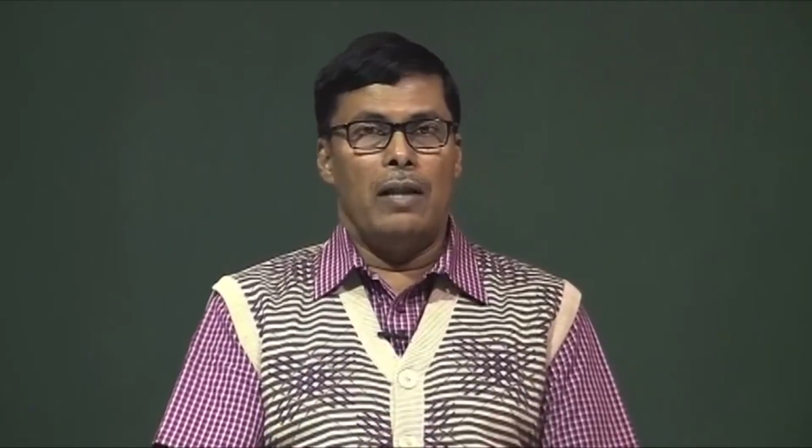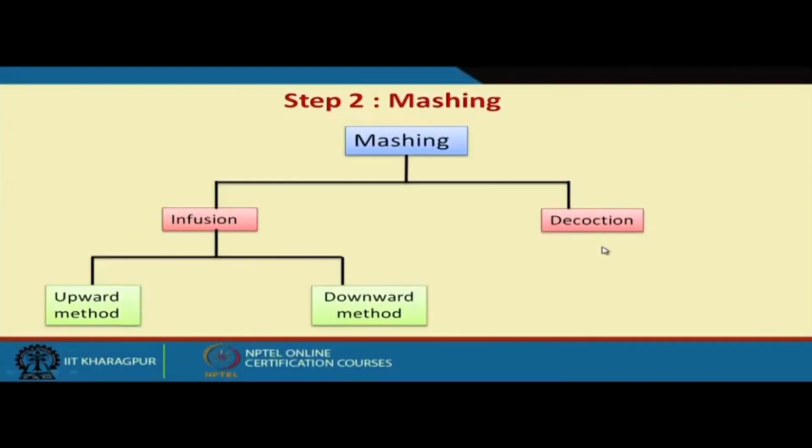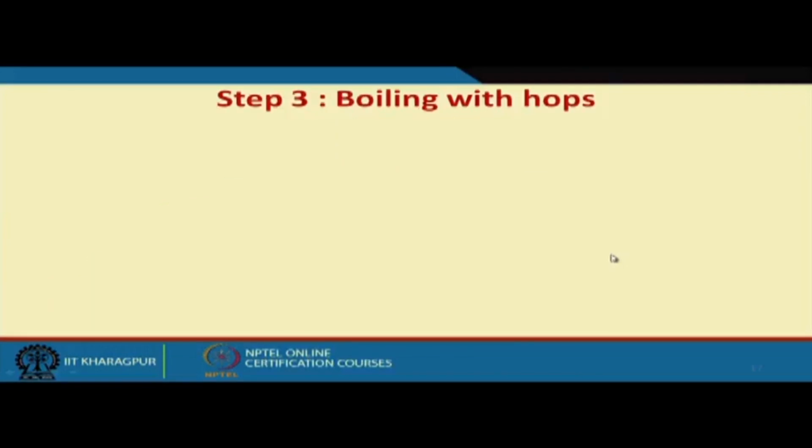Then finally at high temperature, above 60 degrees centigrade, saccharification takes place, where alpha amylase degrades the starchy molecule to glucose. The downward method starts from the high temperature and goes to low temperature. In the decoction process, basically the proteolysis takes place at two different temperatures, and saccharification takes place at two different temperatures. That is called the decoction process.